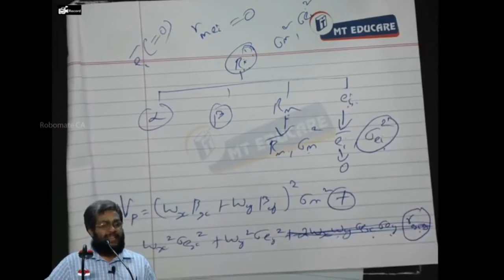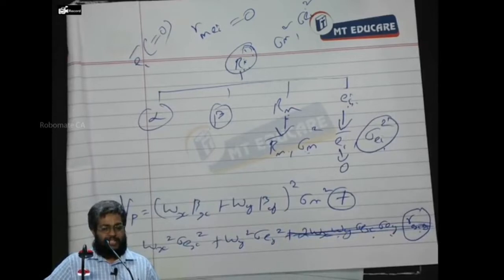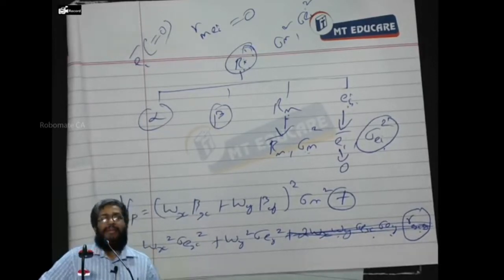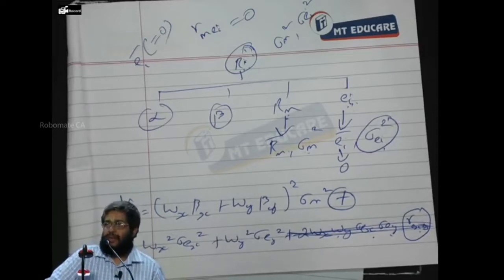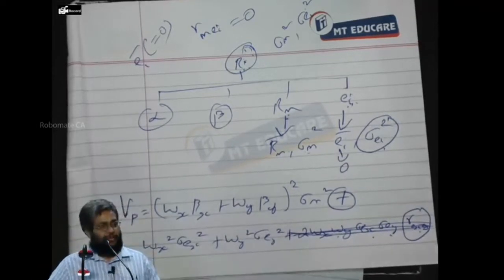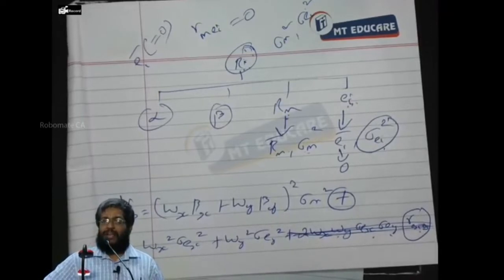It can be statistically proved that the correlation between market return and the error term is 0.